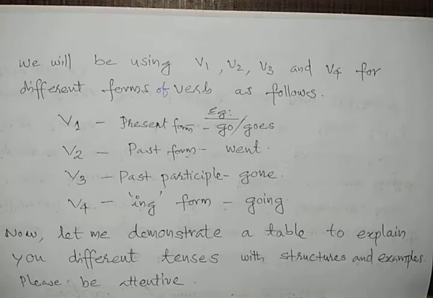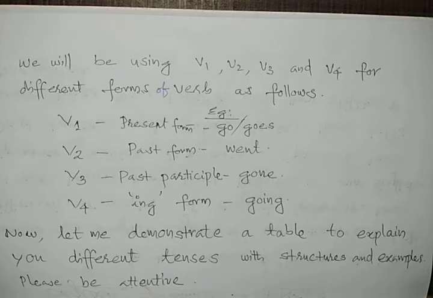V2 form, that is past form. Past form of go is went. V3 form, past participle. Past participle or V3 form of go is gone. V4 or ing form. V4 form of go is going.